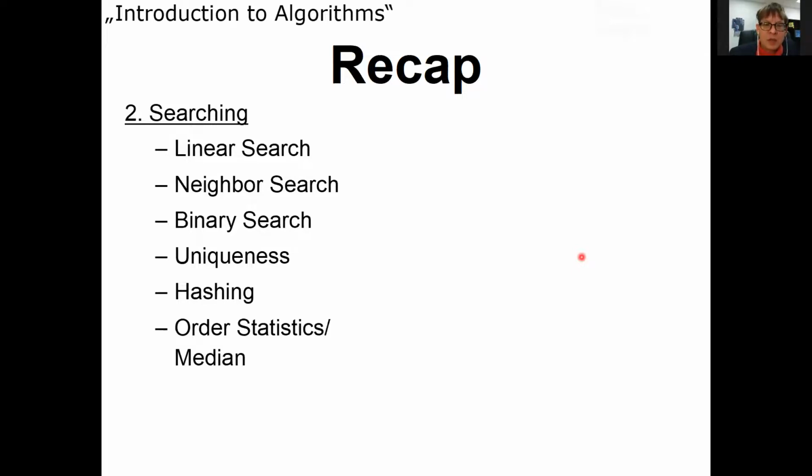We talked about the median problem and its generalization, order statistics, and algorithms for solving that problem. First, a trivial algorithm with linear running time and constant running time if the data is already sorted, and then a real highlight, a linear time algorithm for calculating median and order statistics using 2 algorithms that mutually call each other recursively, using this median of 5 medians.